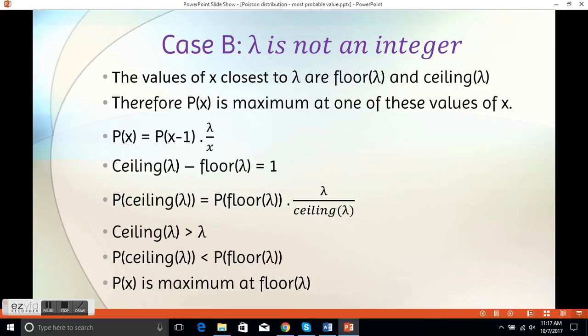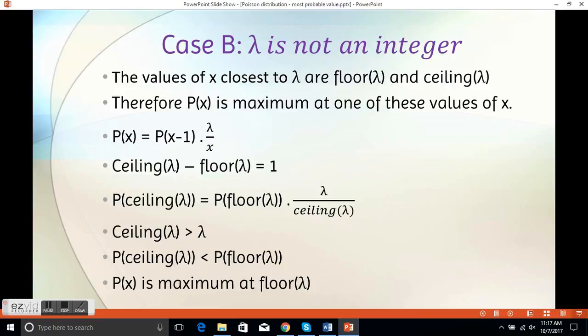Now let us find which of these values will give the maximum probability. Again we use the recursive definition, P of x equals P of x minus 1 into lambda divided by x. Now if lambda is not an integer, then ceiling of lambda and floor of lambda differ by 1. Again take the example, if lambda is 5.3, then ceiling is 6 and floor is 5, difference is 1. So what it really means is that if we substitute ceiling of lambda for x, then x minus 1 will become equal to floor of lambda.